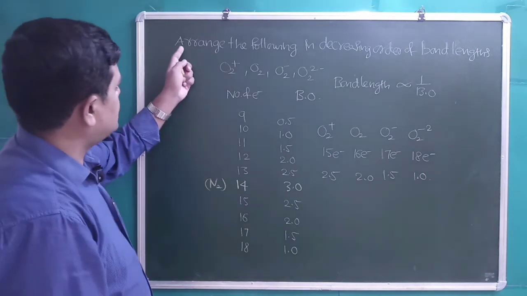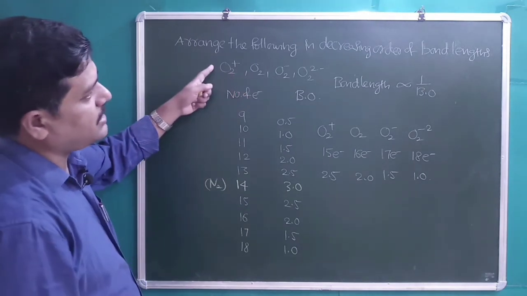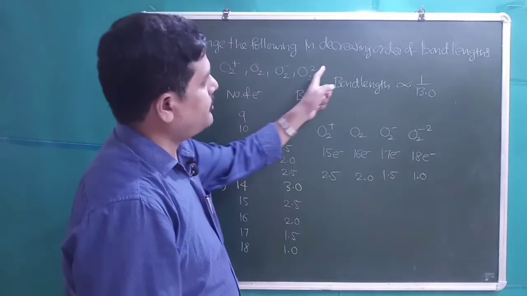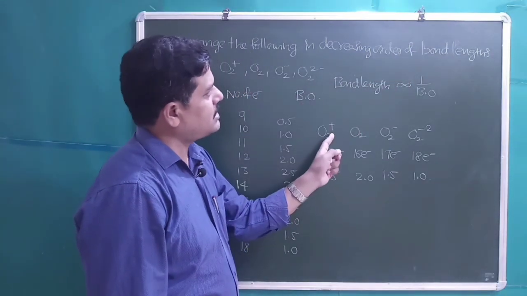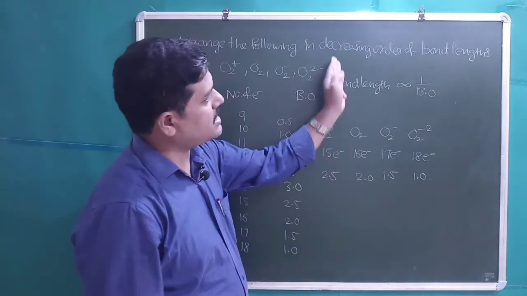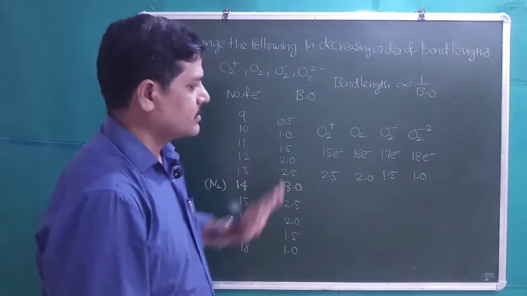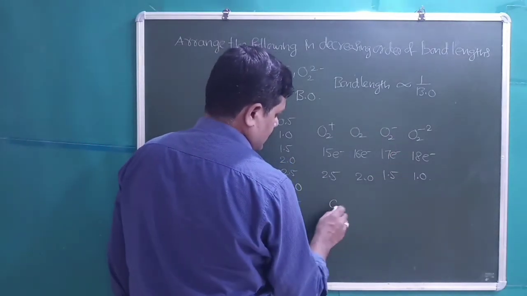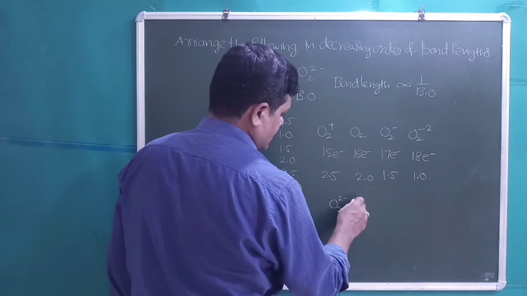They are asked to arrange these species in decreasing order of bond lengths. If you arrange these species in increasing order of bond order, that will be the decreasing order of bond lengths. Increasing order of bond order you arrange. So O2 2 minus is the least, right?